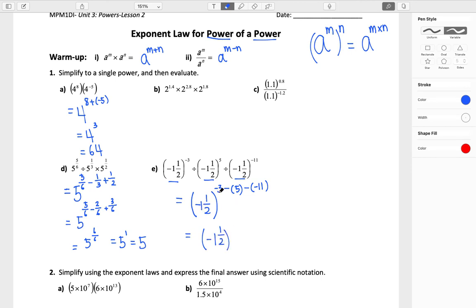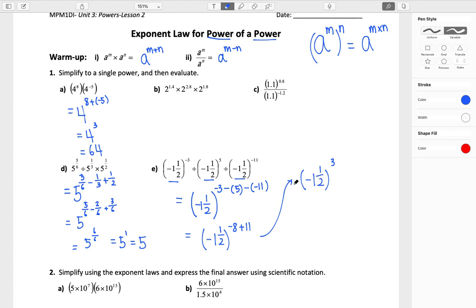So -3 minus 5, which is -8, and negative becomes positive. So it becomes -8 plus 11. So therefore, the exponent is going to be 3.